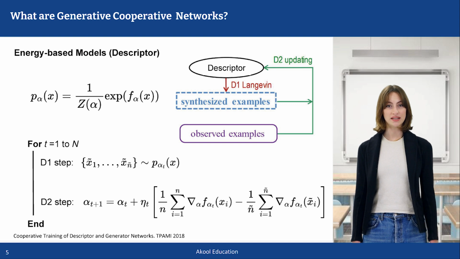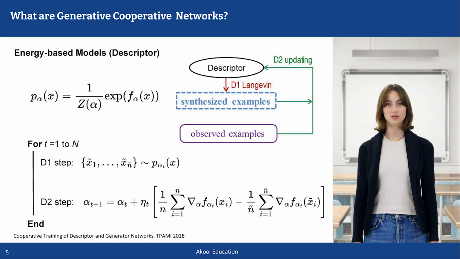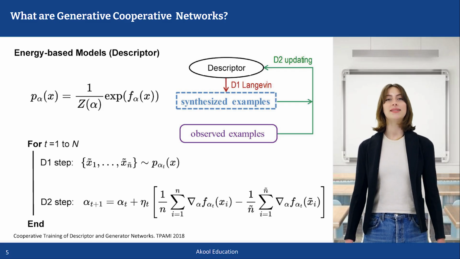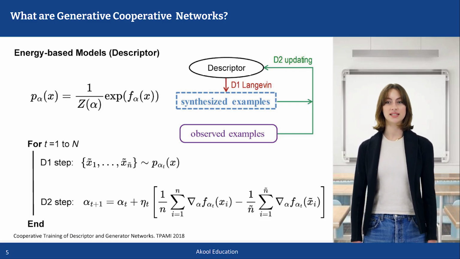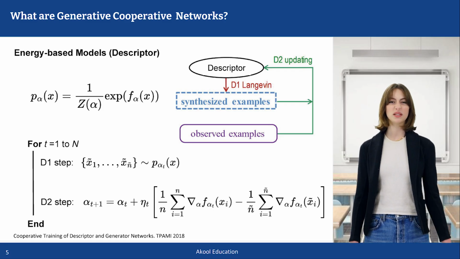In the sampling step, the model draws samples using Langevin dynamics, which provides approximate samples from the model distribution. In the learning step, the parameters alpha are updated via gradient ascent, where the gradient is estimated based on the MCMC samples obtained in the sampling step.